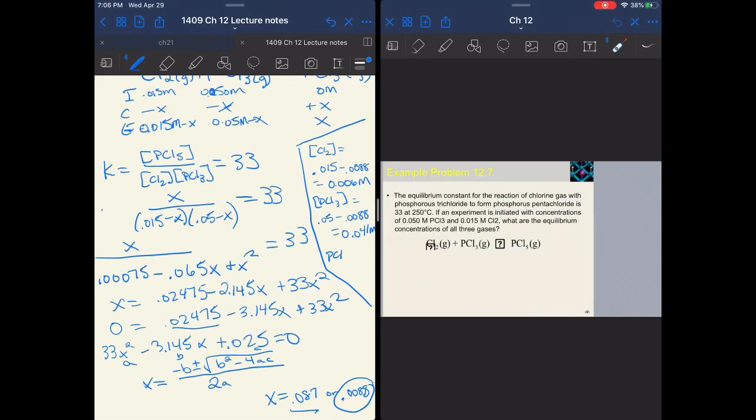And then PCl5 would be 0.0088 molar. All right, and that is how you could solve one of these problems.